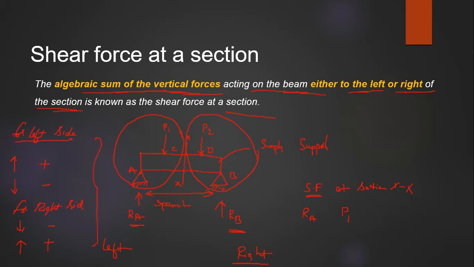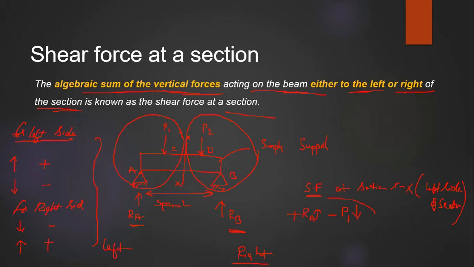So the direction of RA is upwards. Of course, remember that we are taking the left side. We are considering the left side of the section, isn't it? So follow that convention over here. RA is upward, therefore it is positive, and P1 is downwards, so negative.